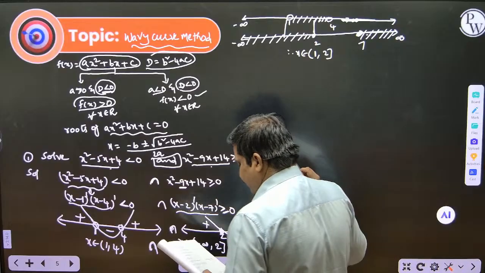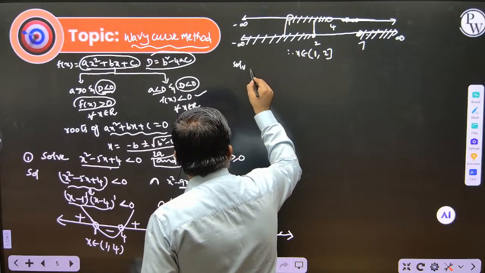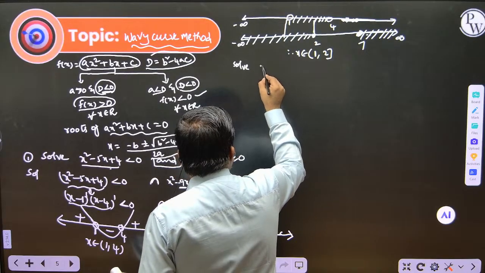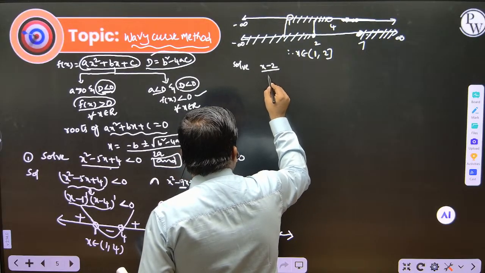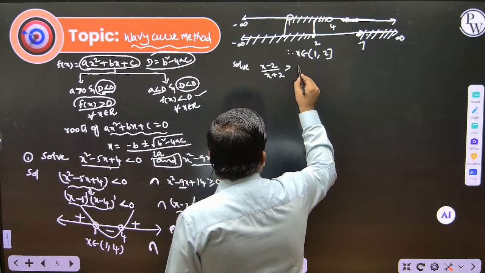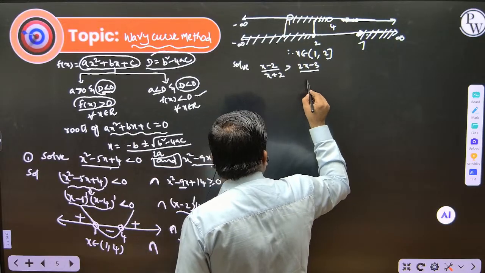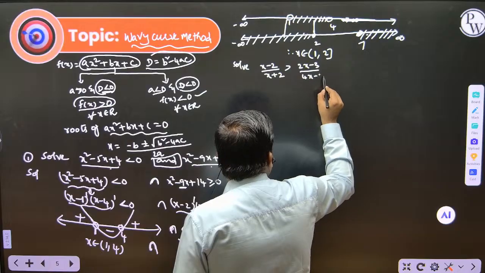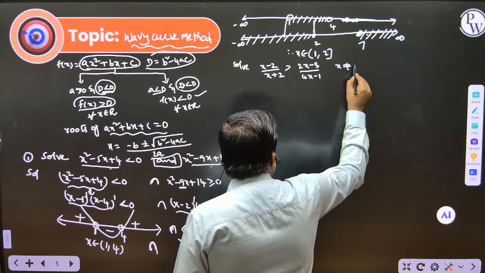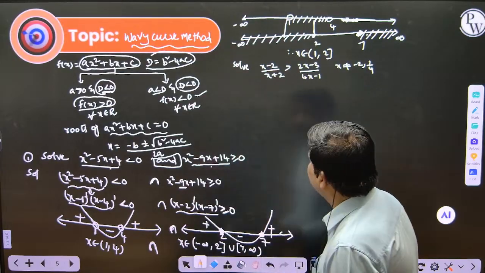Next one is solve the inequality (x minus 2) by (x plus 2) greater than (2x minus 3) by (4x minus 1), where x is not equal to minus 2, 1 by 4. But remember one thing here.